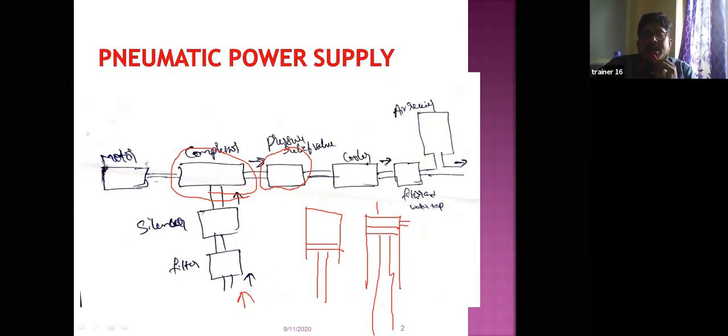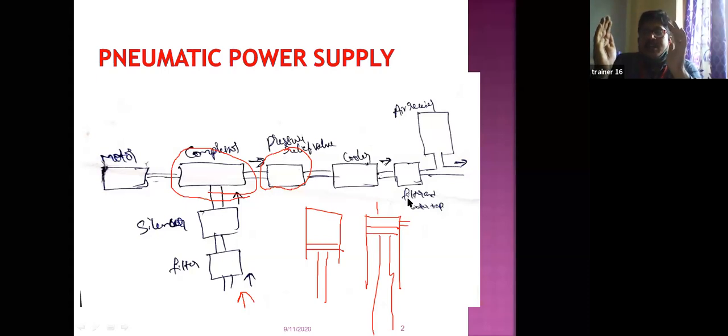Then this compressed air, at normal temperature, enters the filter and water trap. Why are we arranging a filter and water trap? For example, the air is compressed first in the compressor, and because the pressure is very high we arrange a pressure relief valve, and because the temperature is very high we arrange a cooler.